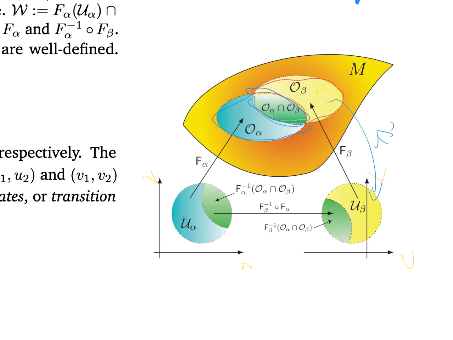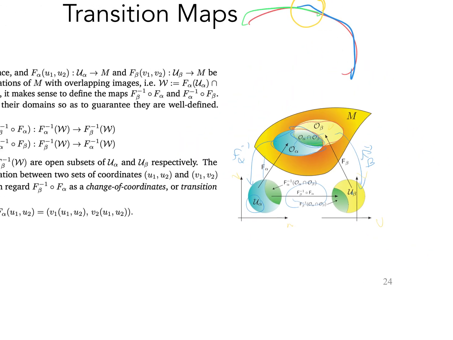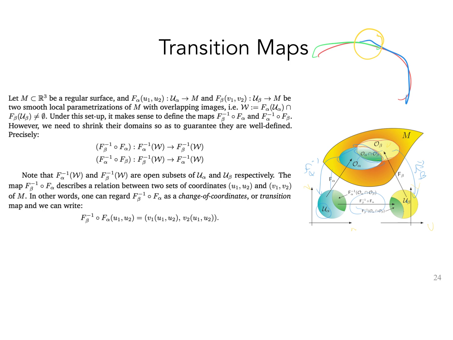So the f minus 1 exists for both, right? So if the whole thing is correct, then if I start here, I map it into the manifold, and then I take the inverse of the other map, map it back to here, and I should be able to construct a mapping that completes the loop, and they should be equivalent. Okay, this is what the transition map is about.